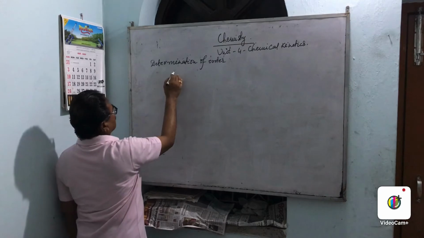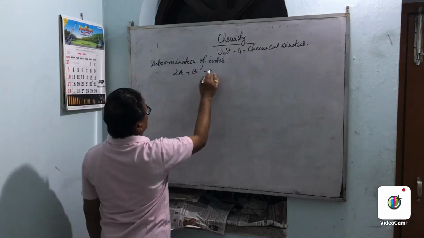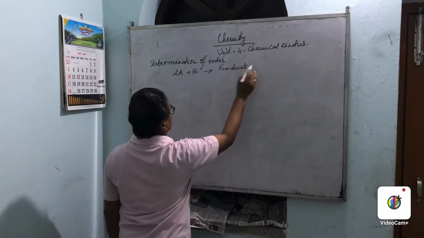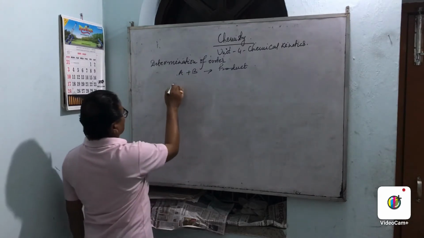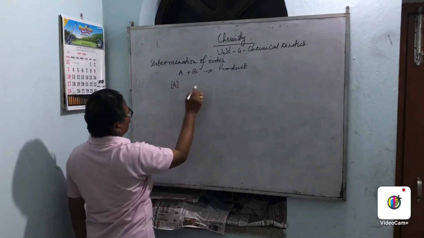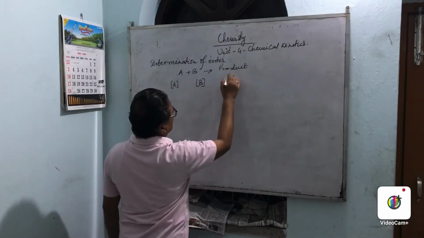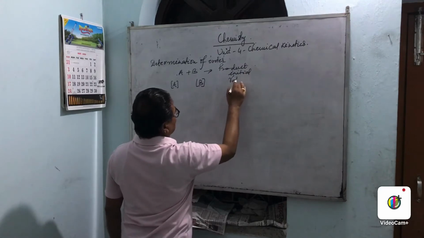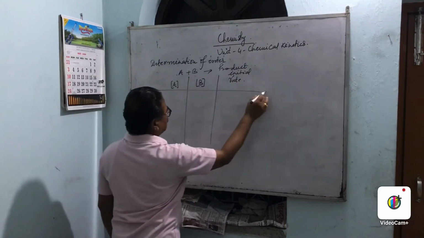Take that the reaction takes place between A and B, which will give the product, suppose, and the concentrations of A and B in mole per liter and the initial rate are given. It is found in so many experiments.